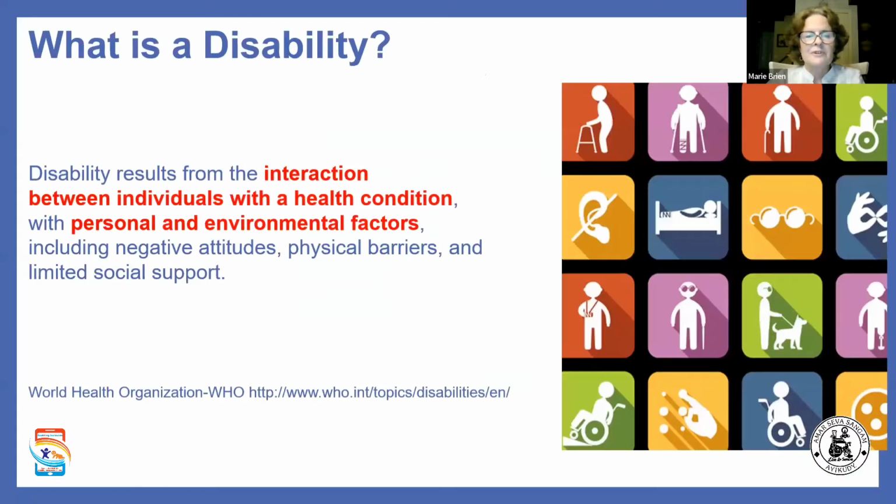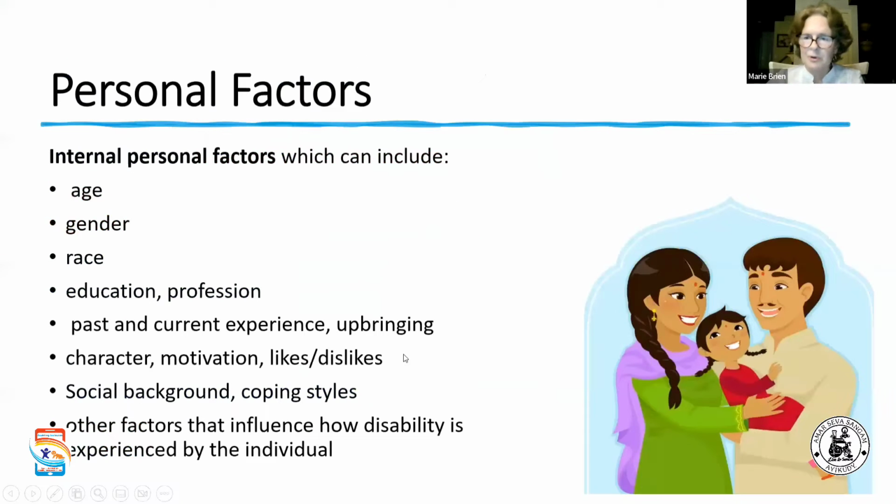So first off, if we look at the personal factors of the ICF, we have to consider those as the internal factors. Most often things that you cannot change. So it's the child or the family or the parents or the constellation around the child. So the age of the child, the gender, the race.